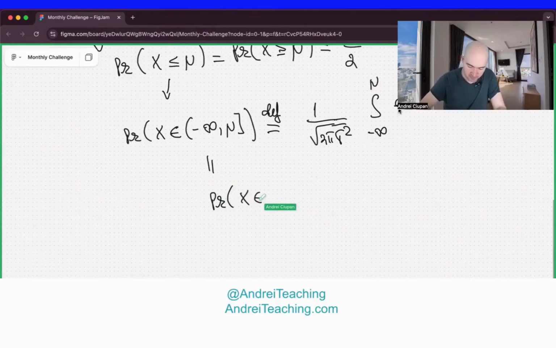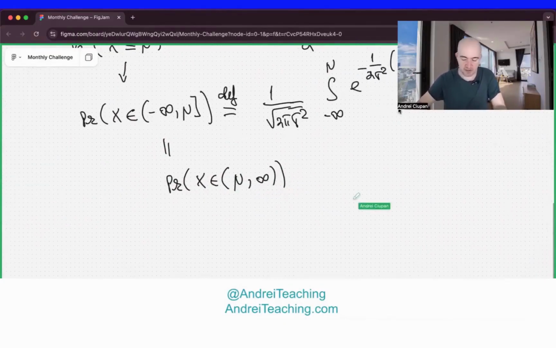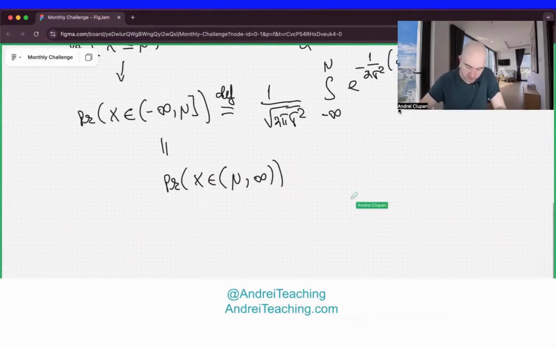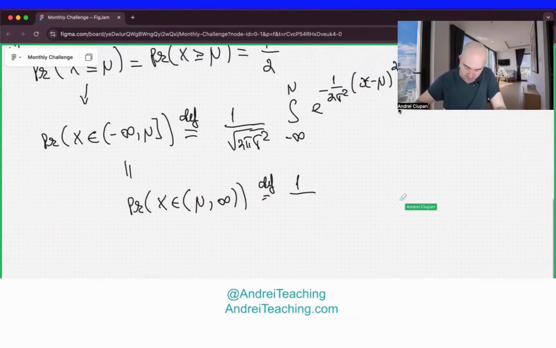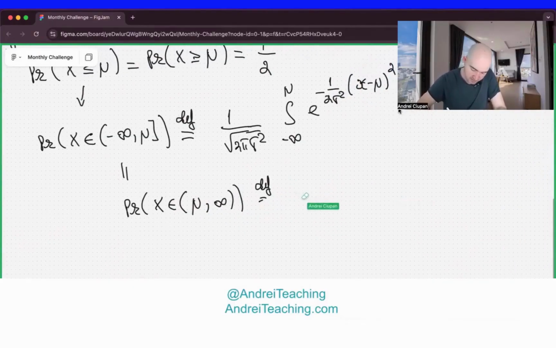We can prove that it's the same as the probability of x belonging to, actually, let's do it like this, an open interval. We can prove that it's the same as this probability, which is very similar to what we did above. We just changed the endpoints of the integral.